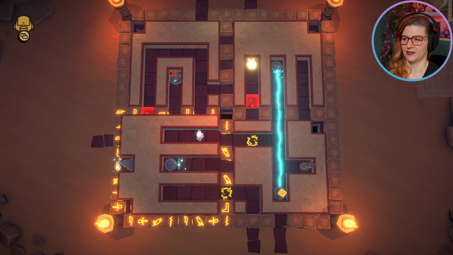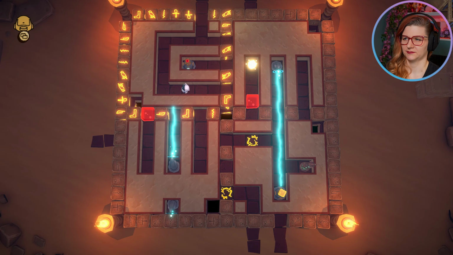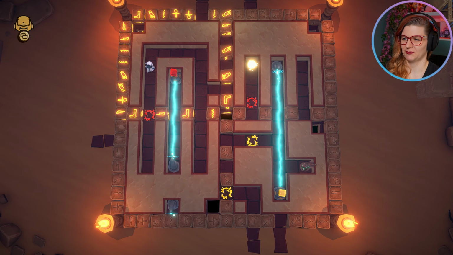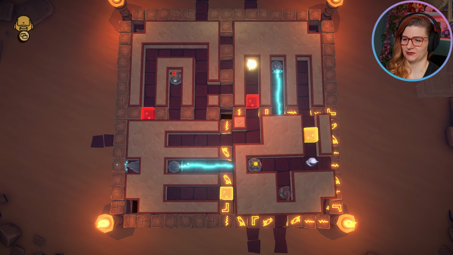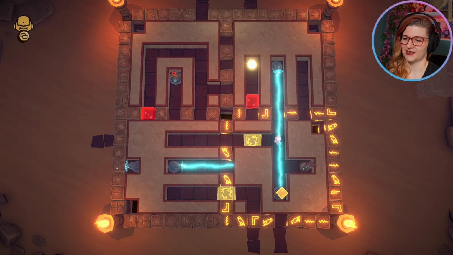I think we have to go up to here and rotate it, and we get a second exit. So we're able to go around, but we don't have our other exit open then. So we have to rotate this room so we can re-enter it, but then we can't get to here if that's the case.